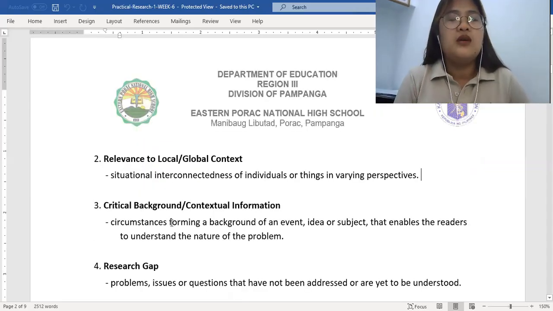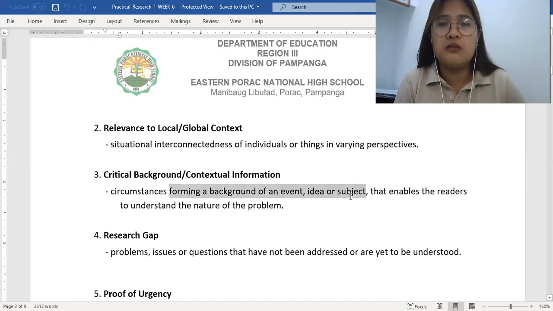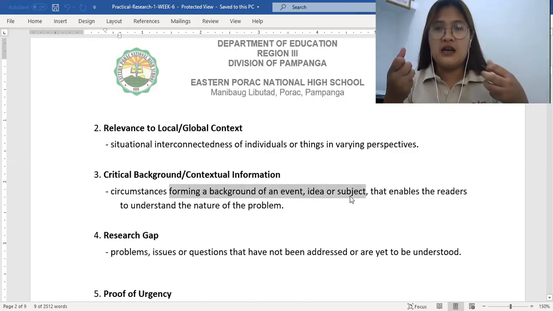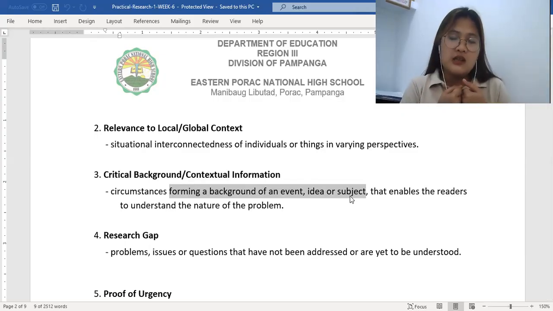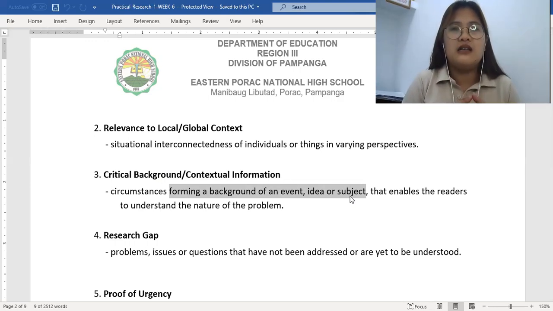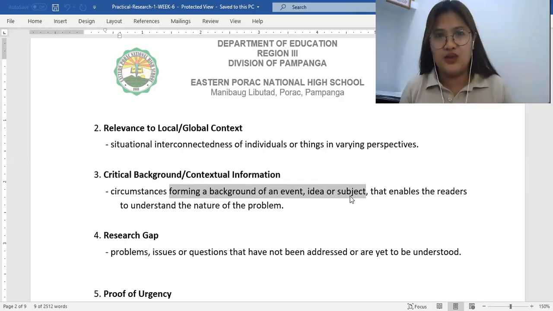And then, we also have the critical background or contextual information, as I've mentioned earlier, yung pagpo-form ng background of an event, idea, or subject para ma-grasp ni reader kung ano yung nature ng problem. Di ba kapag nagkukwento ka sa kaibigan mo, hindi naman pwede, kung wala siyang idea dun sa kwento, kailangan mo munang bigyan ng background, okay?